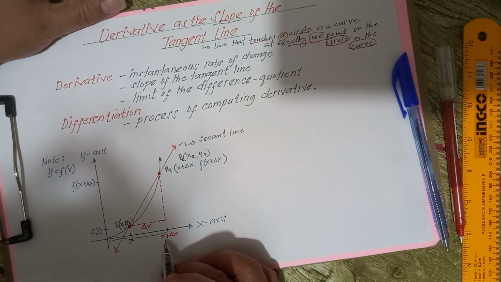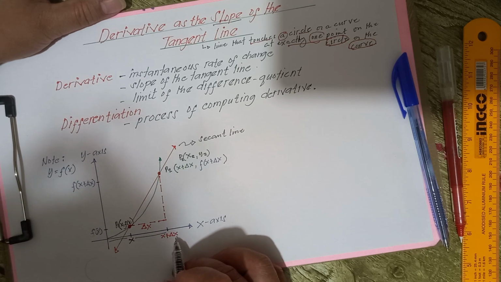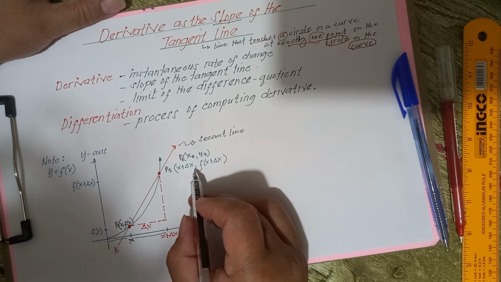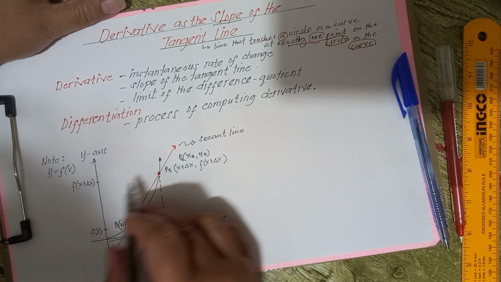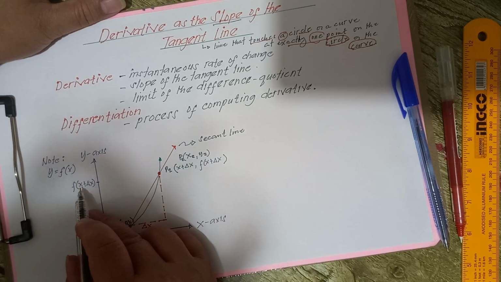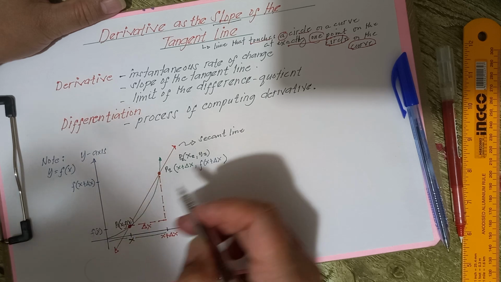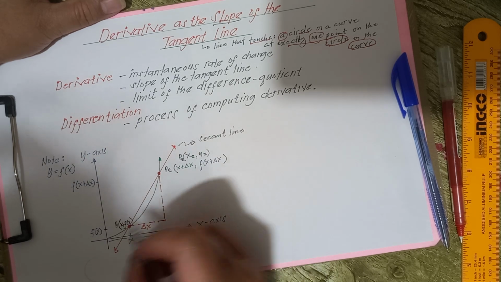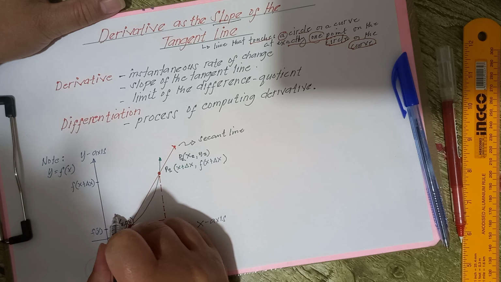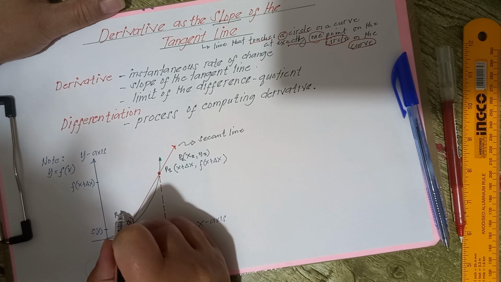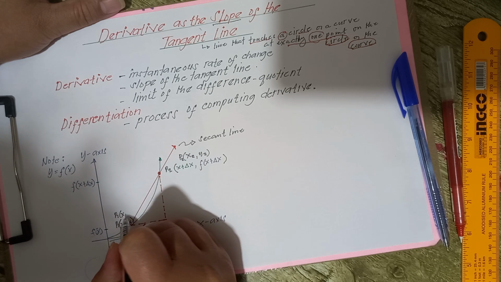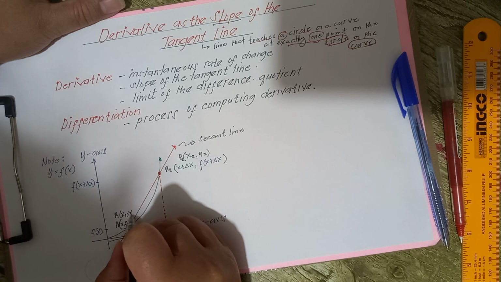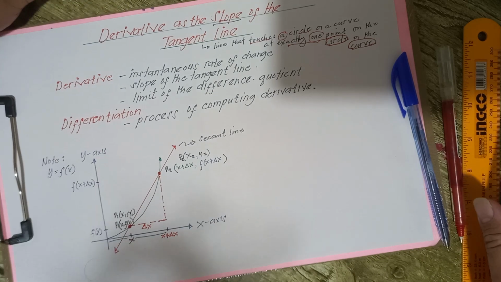So this must be your x sub 2, x plus change of x. And what about your y? Your y is f of x plus change of x, which is your y sub 2. The same as in here, for our point 1, it follows the x sub 1 and y sub 1.